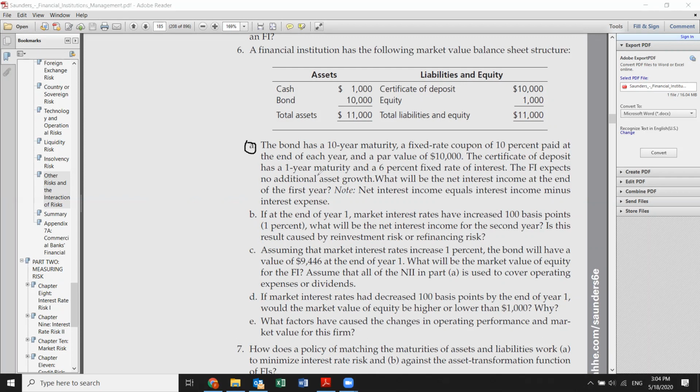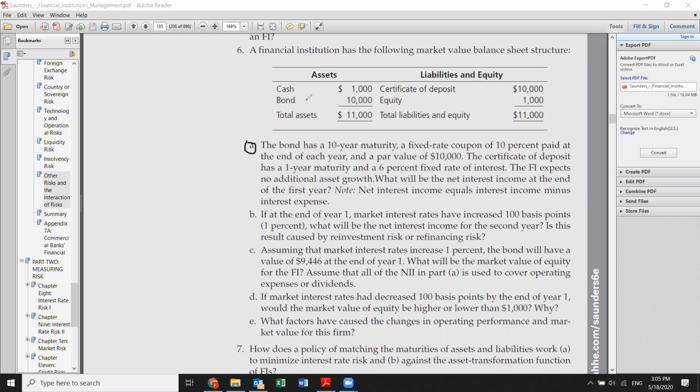The certificate of deposit has 1-year maturity and interest of 6% with fixed rate. If I expect no additional asset growth, what will be the net interest income at the end of the first year? Net interest income equals interest income minus interest expense.